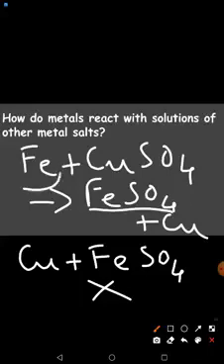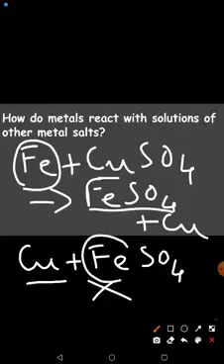Therefore iron is more reactive than copper. So a more reactive element displaces a less reactive element. Here copper is less reactive when compared to iron, so no reaction takes place. So always remember, a more reactive metal always displaces a less reactive metal from its salt solution.